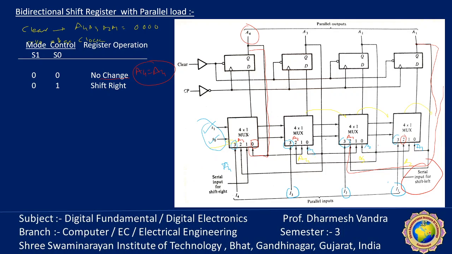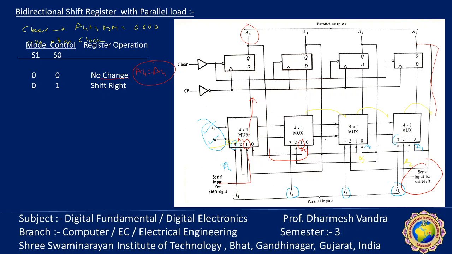Now 0 1. The number 1 input is shifted right-hand side. What is the value of this one? It is A4.